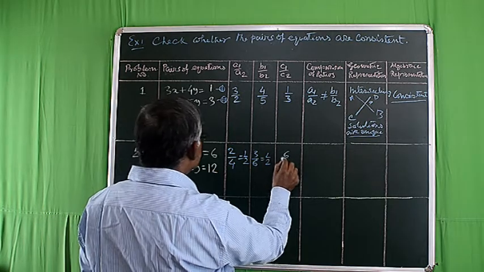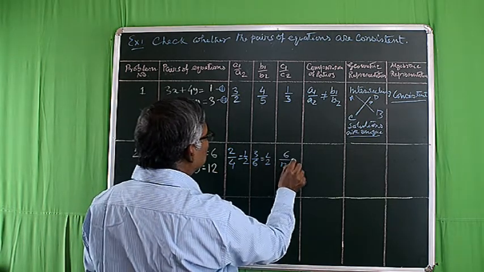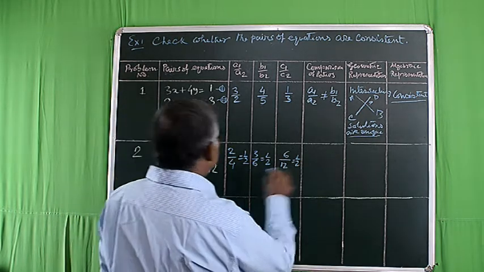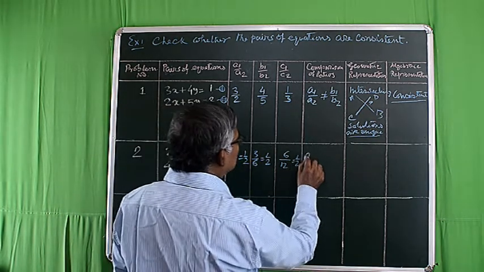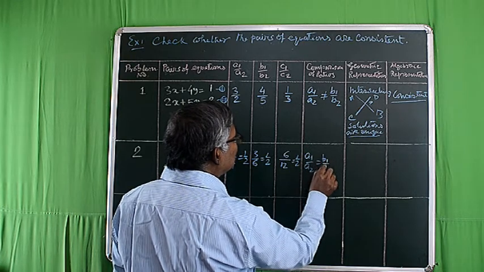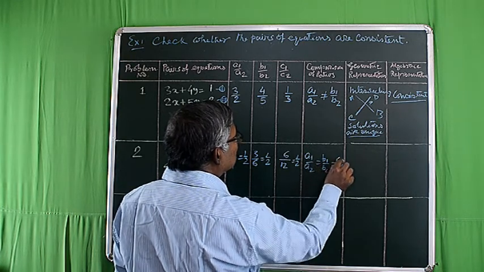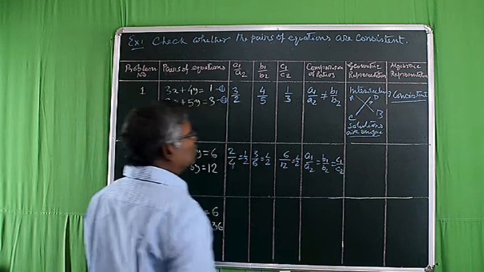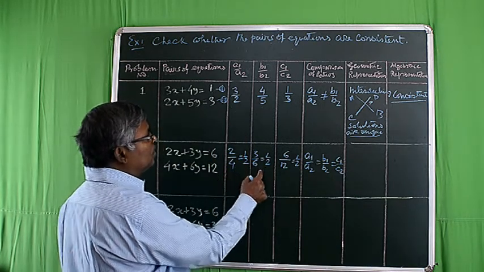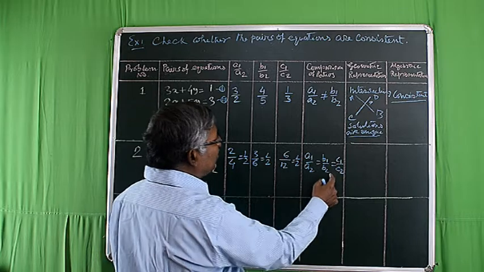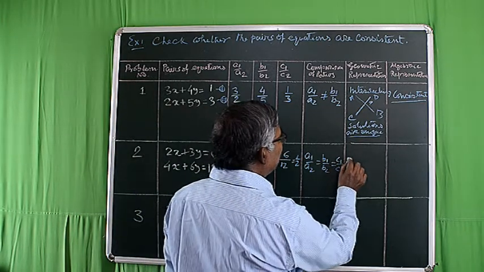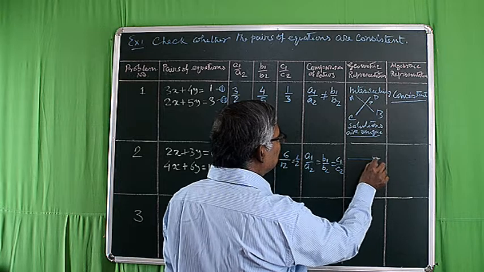That is 6 by 12 equal to half. So we see the three ratios a1 by a2 equal to b1 by b2 equal to c1 by c2. All the values are equal, that is half. Then we say the lines are coincident.